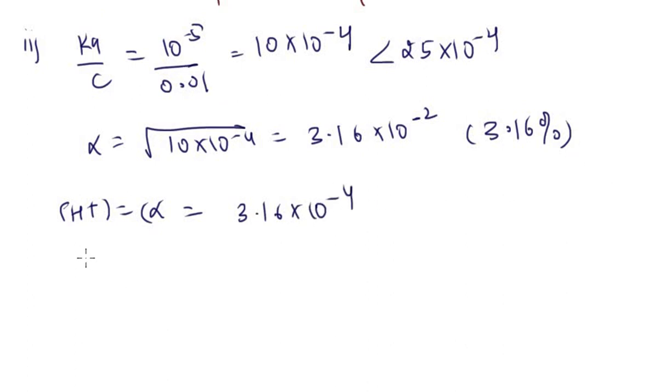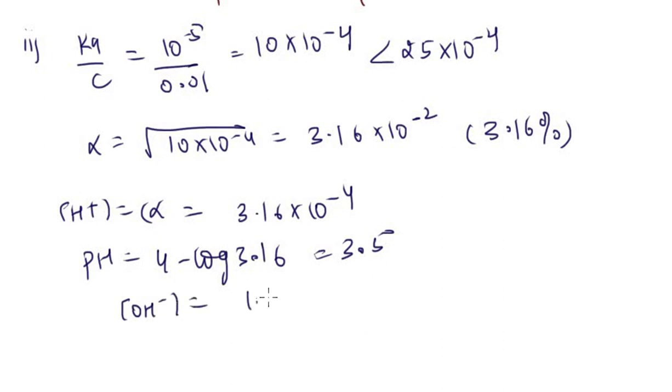So pH comes out to be 4 minus log 3.16, so it comes out to be 3.5. So the concentration of OH minus comes out to be 10 to the power minus 14 divided by 3.16 into 10 to the power minus 4. So that was a very basic question.